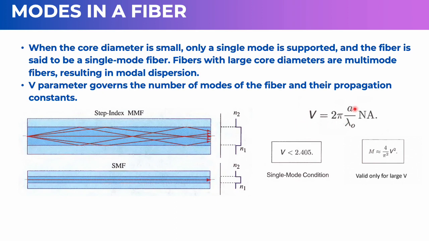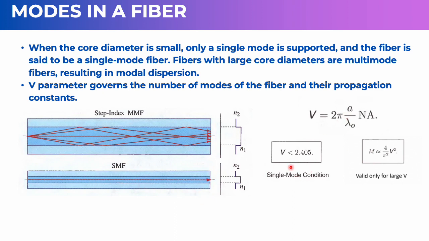So the V number is equal to 2 pi times a by lambda naught into the numerical aperture, where it depends on the diameter of the core, it depends on the numerical aperture, and it depends on the wavelength of the light that's being passed.